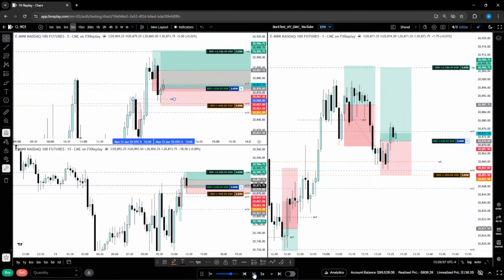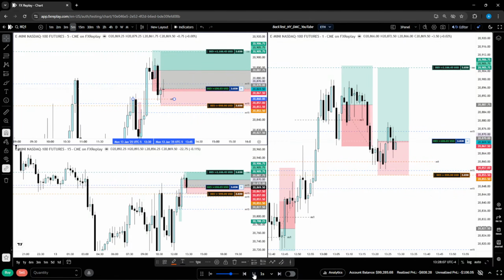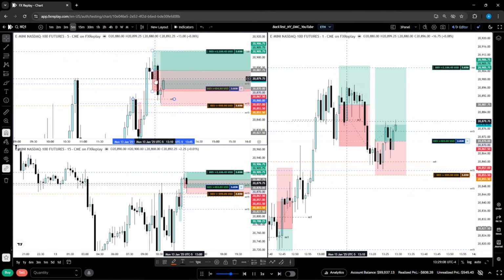We'll see if this works or if you're gonna come back lower. So far so good. We need to close above this level now.